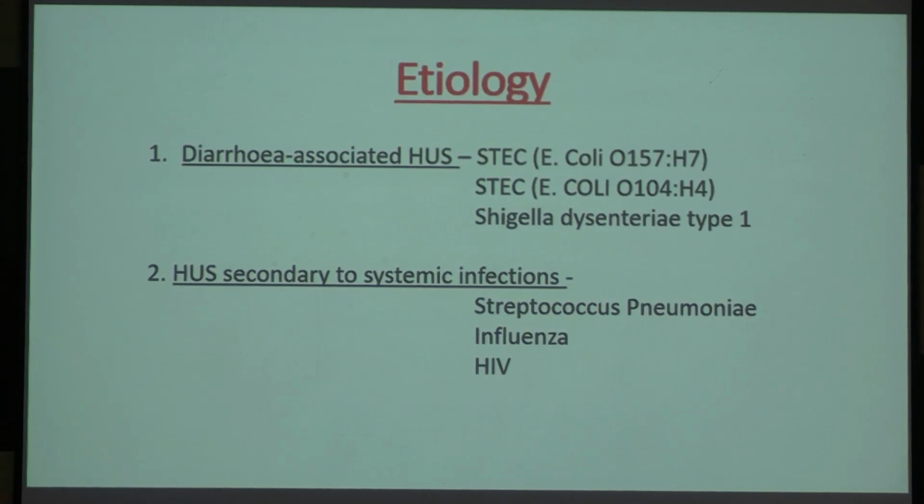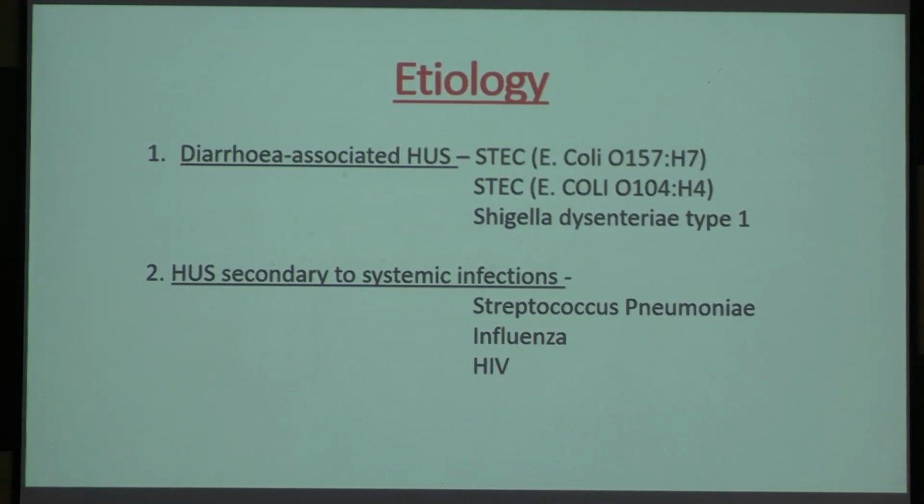Most common etiology is diarrhea associated hemolytic uremic syndrome. Causative agent or organism is Shiga toxin producing E. coli. Okay. E. coli subtype O157:H7 and O104:H4. Important for MCQ.